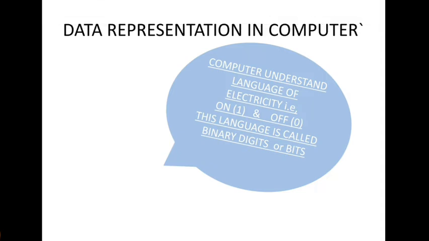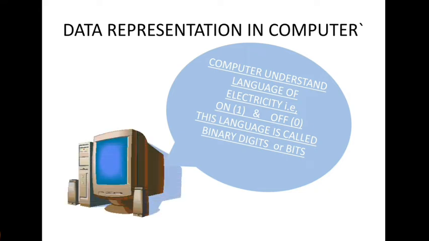Computer understands the language of electricity, which can be either in switch on or switch off mode. The switch on mode in a computer is represented as 1 and switch off with 0.